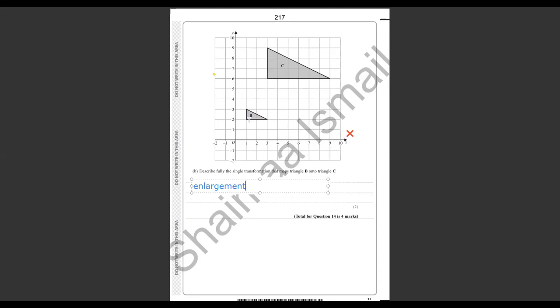Now we have to measure this. If we measure it, we find it's 2 units on the grid. And here we can measure this one and see that it is 1, 2, 3, 4, 5, and 6. So this is 6 units.